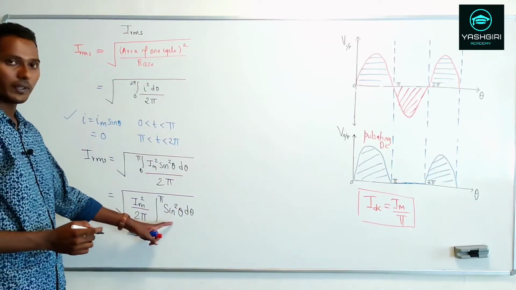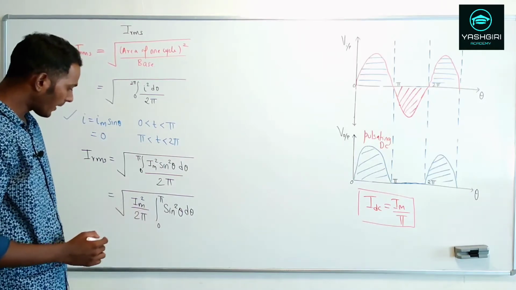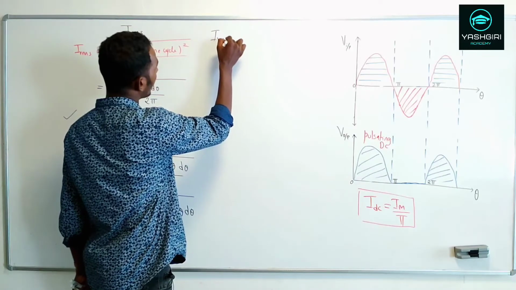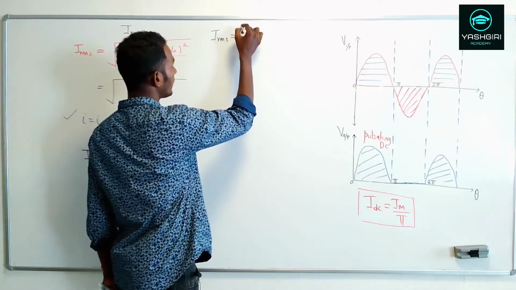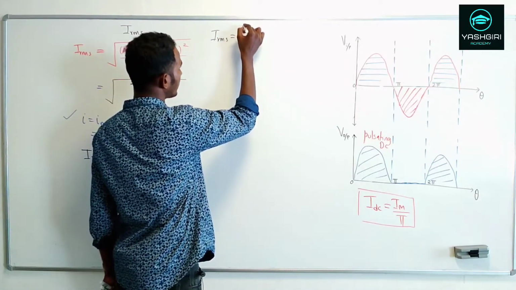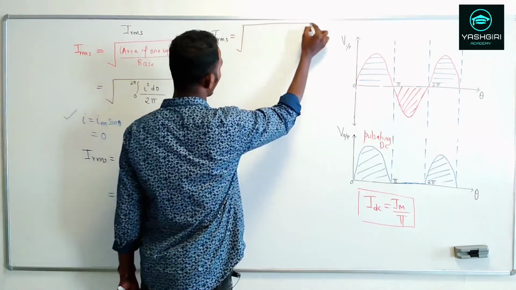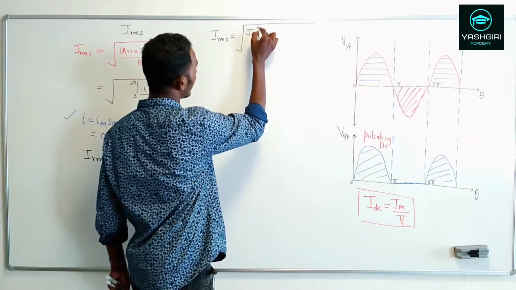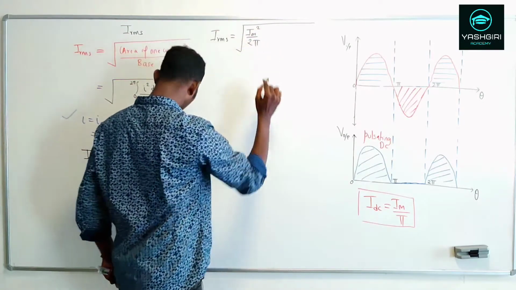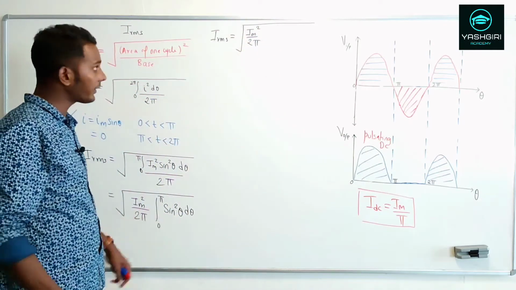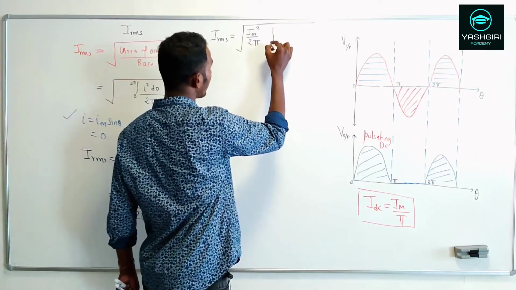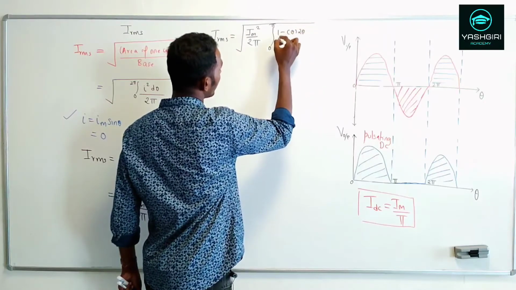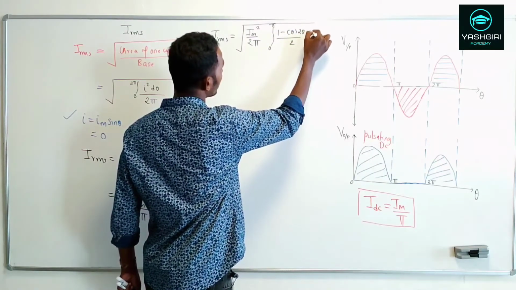Now what is sin square of theta? I can write it as (1 minus cos 2 theta) divided by 2. So here I have IRMS is equal to the square root of Im square upon 2 pi, times the integration from 0 to pi of (1 minus cos 2 theta) divided by 2 d theta.